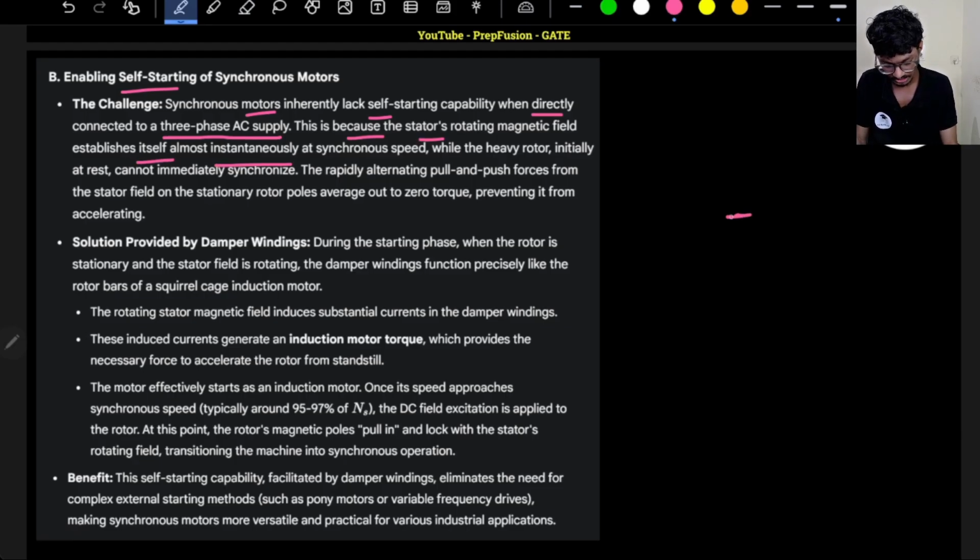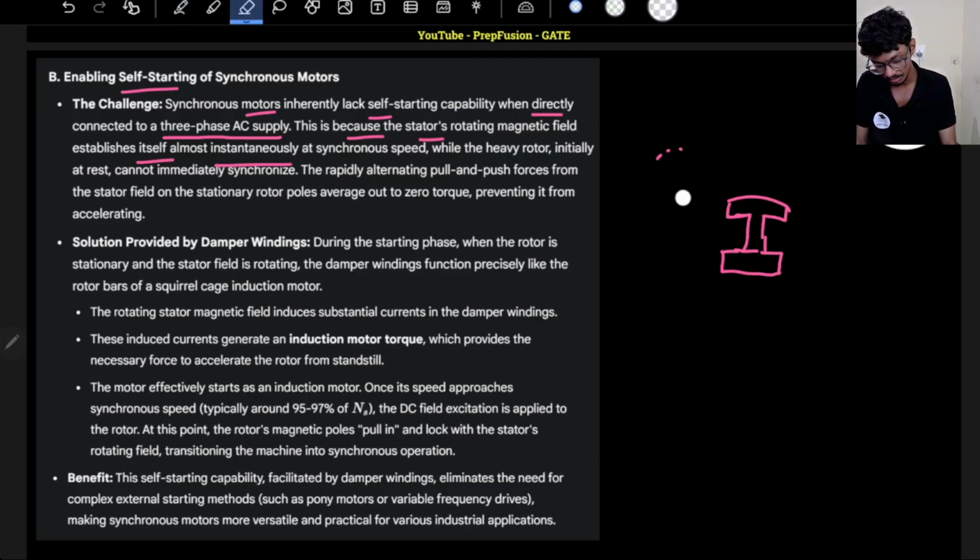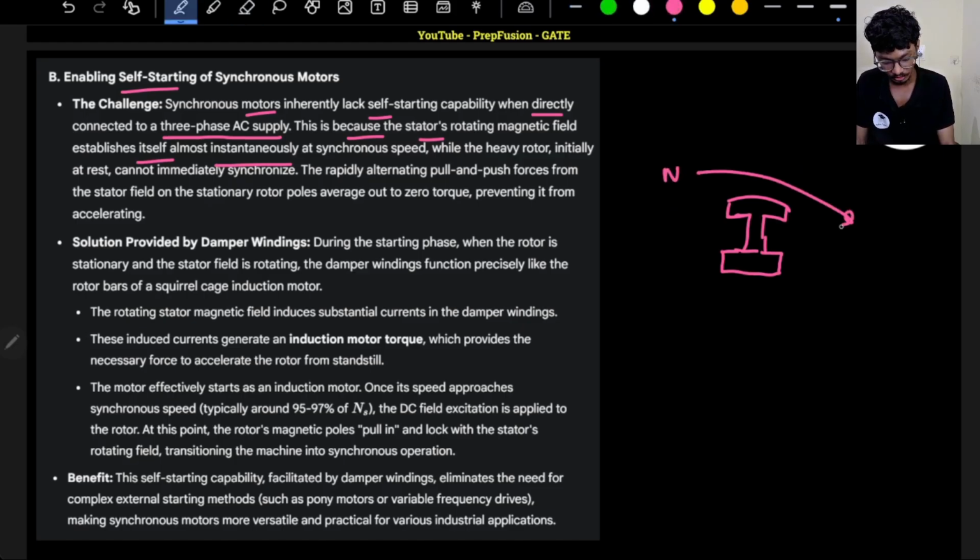If the rotor is here, and the stator speed is very fast, the stator field will move with ns very fast. For a certain period it will be here, then again it will be here. The north pole is traveling so fast that the north pole of the rotor is not able to align with the stator properly.